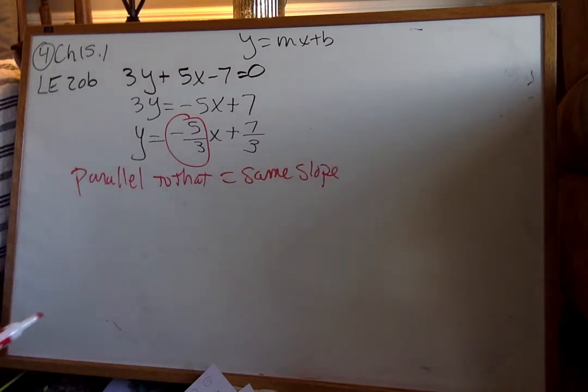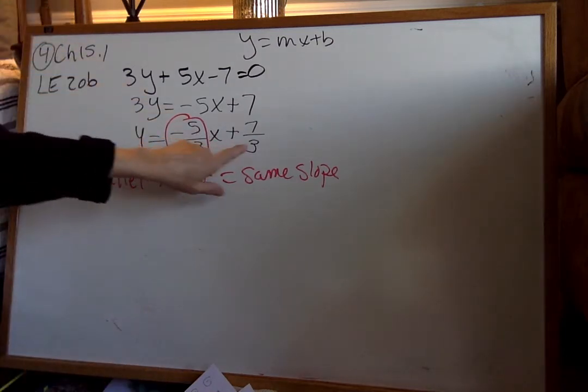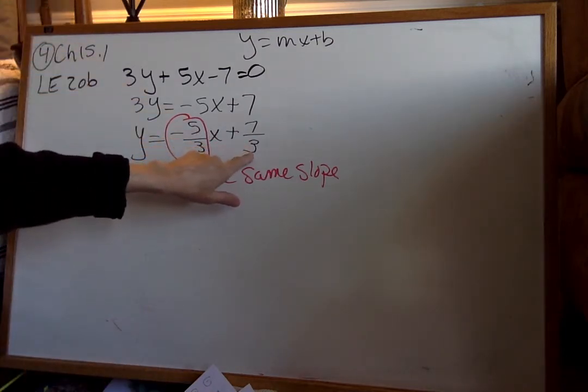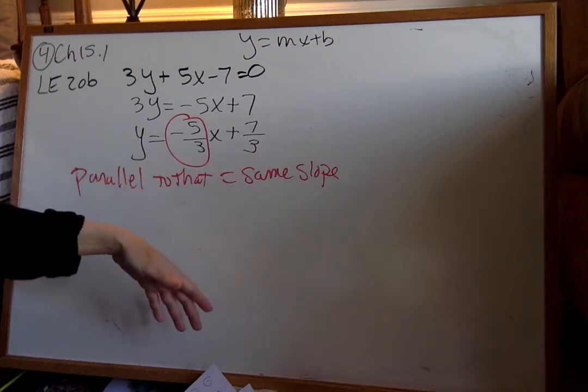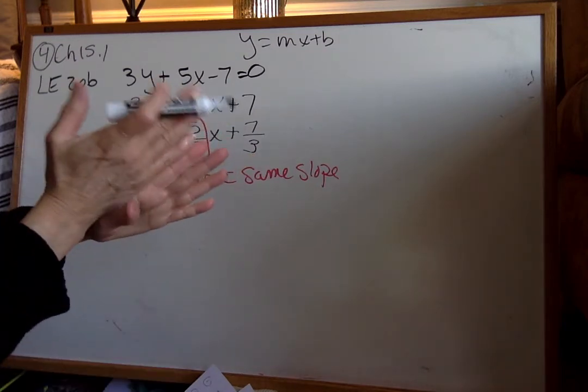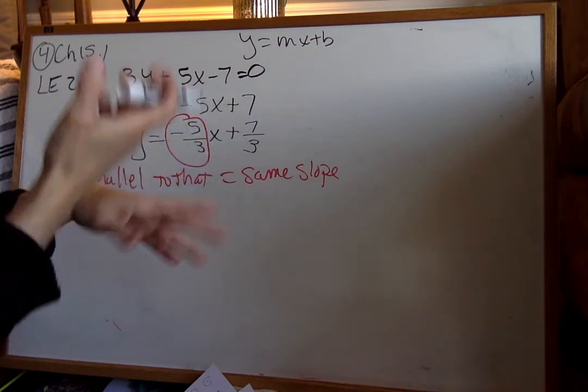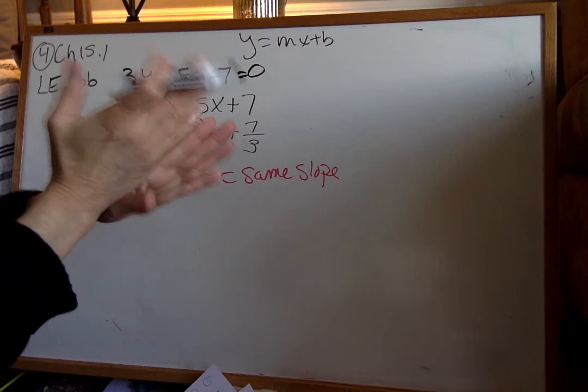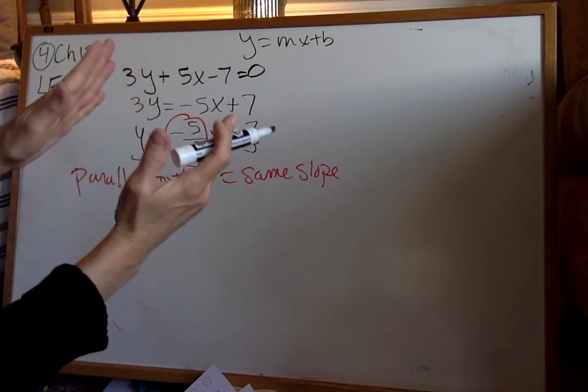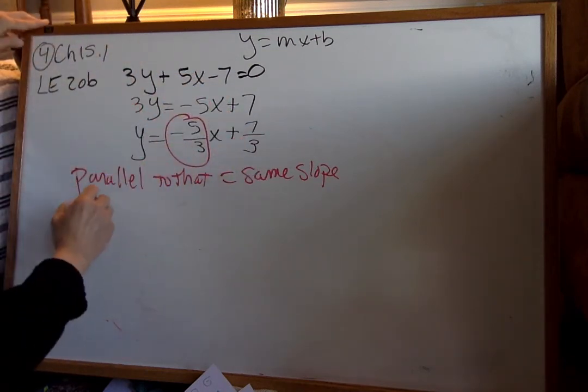but if you go back to probably the very first video that we did for algebra, you can't use the intercept of 7/3 because then you've just written the line again, and that's not parallel. That's the same line. We want parallel lines.